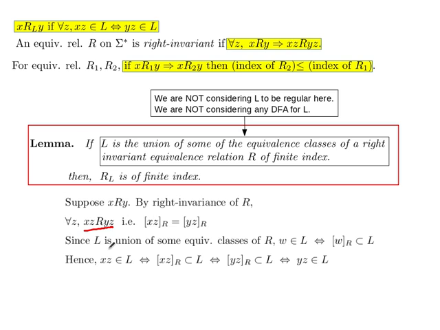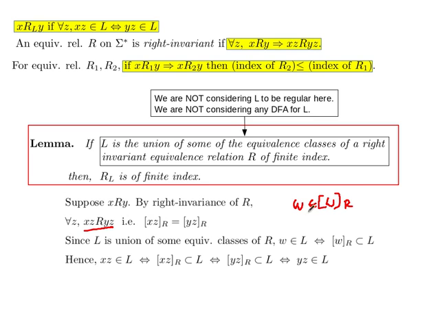Now, since L is a union of some equivalence classes of R, if W is in L, then the entire equivalence class of W is also in L. This L, whatever we are talking about, is a union of some of the equivalence classes of this R, and W obviously belongs to its equivalence class.